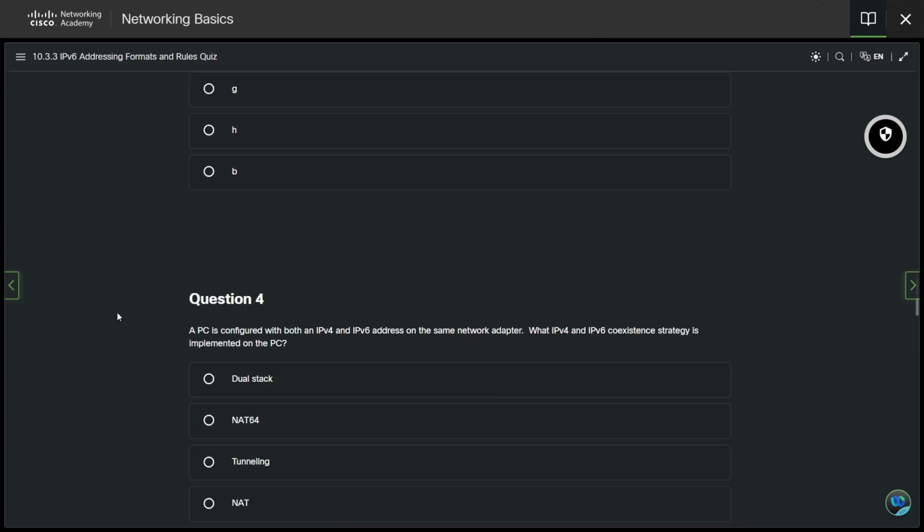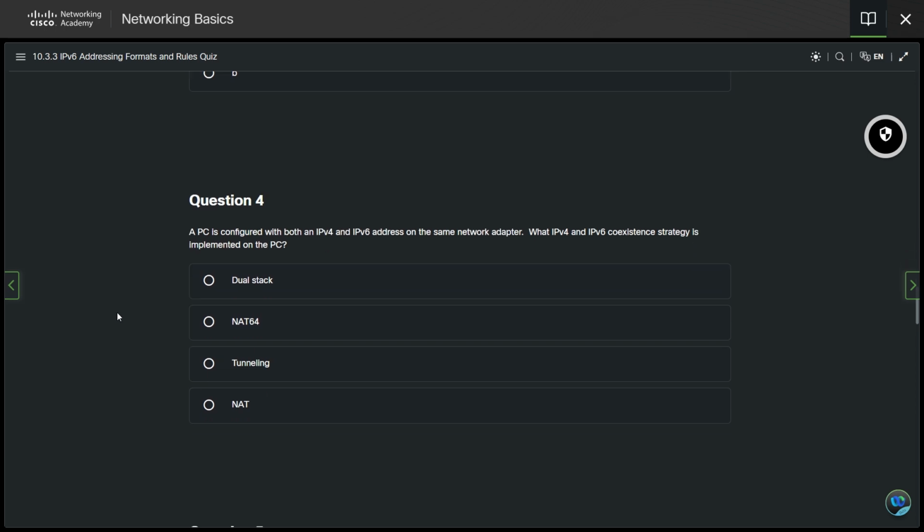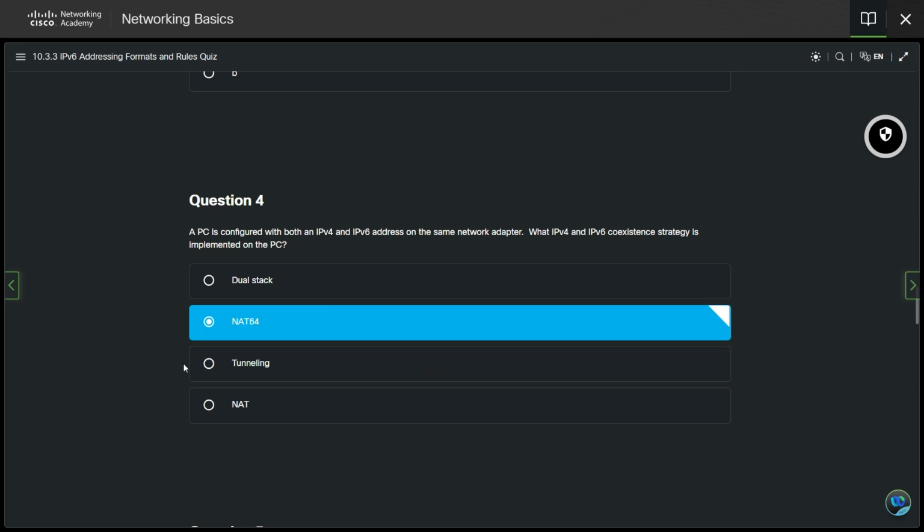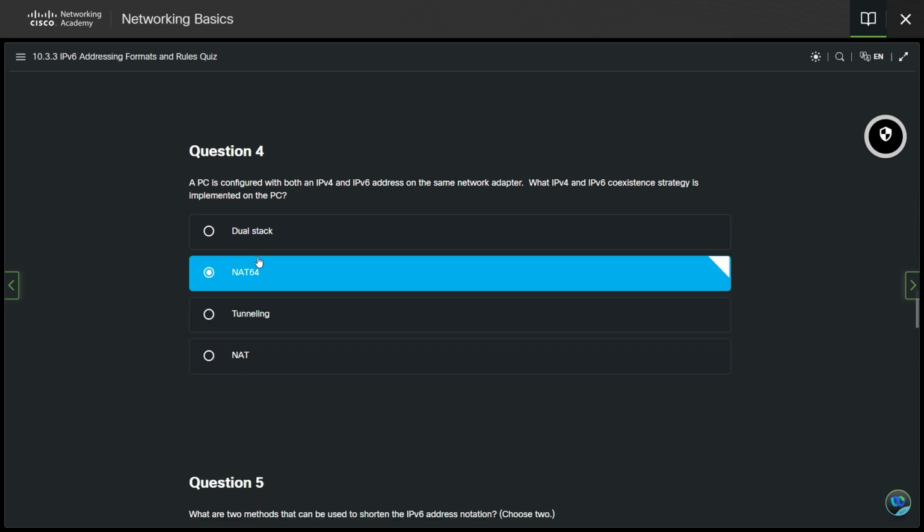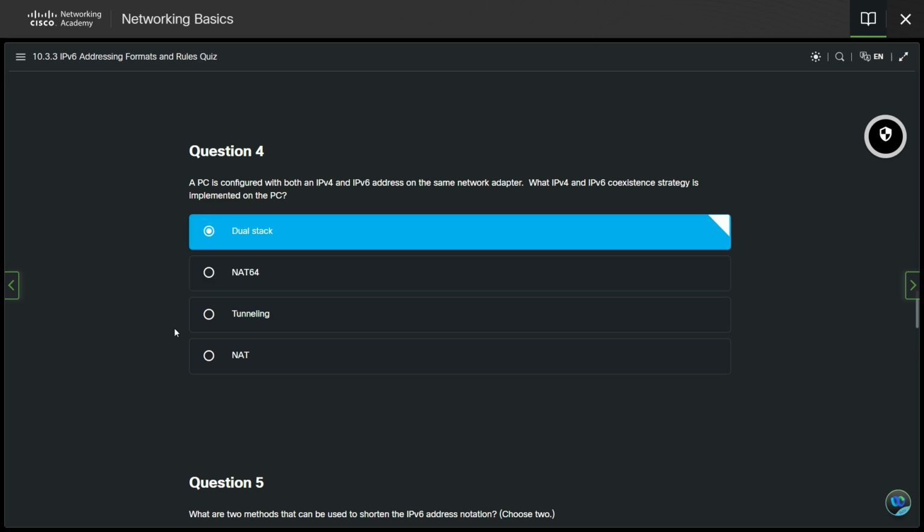Question 4. A PC is configured with both an IPv4 and IPv6 address on the same network adapter. What IPv4 and IPv6 coexistence strategy is implemented on the PC? Tunneling, NAT64, or dual stack.